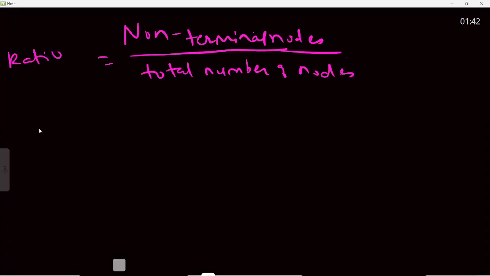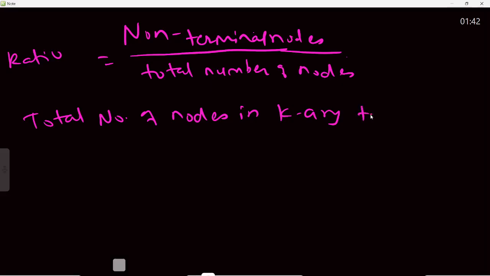Now these formulas are already defined, so I will directly write them, and try to remember them because they are very important. The total number of nodes in a k-ary tree is T equals k to the power n plus 1, minus 1, upon k minus 1.